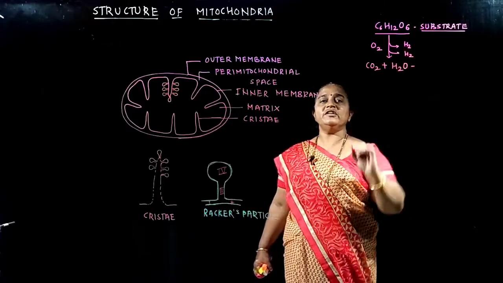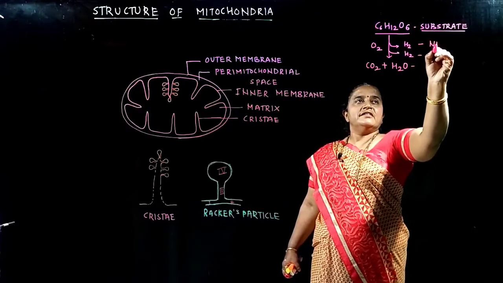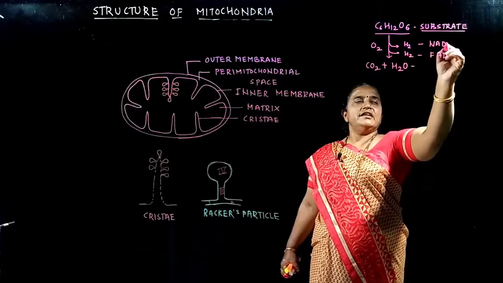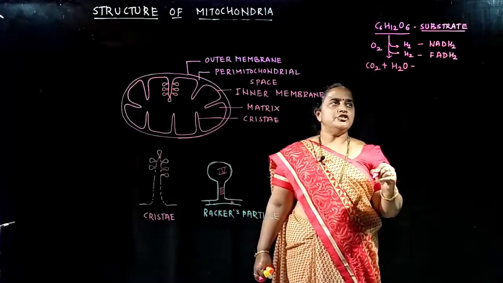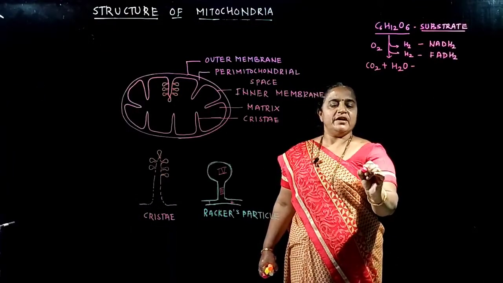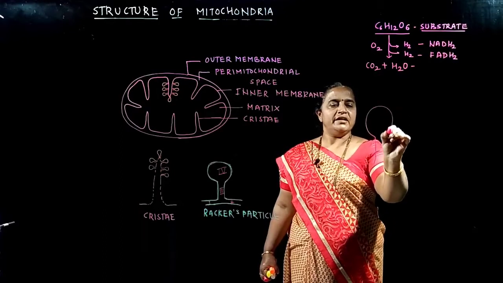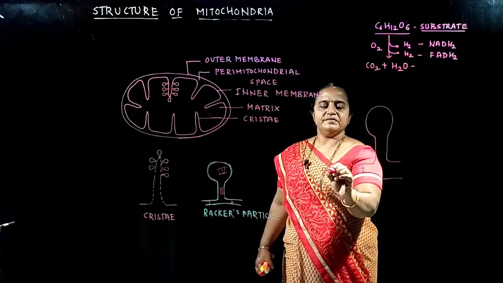Now what will happen to these hydrogens? These are carried by the carriers NAD and FAD. When they react with the hydrogen, they are reduced to NADH2 and FADH2. Now in complex 1 of Racker's particle, NADH2 enters.